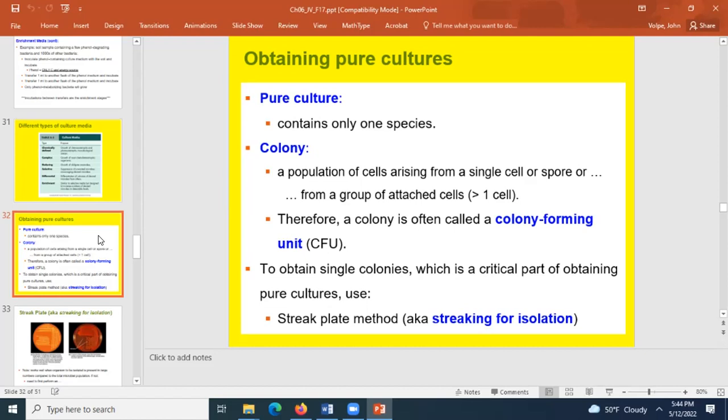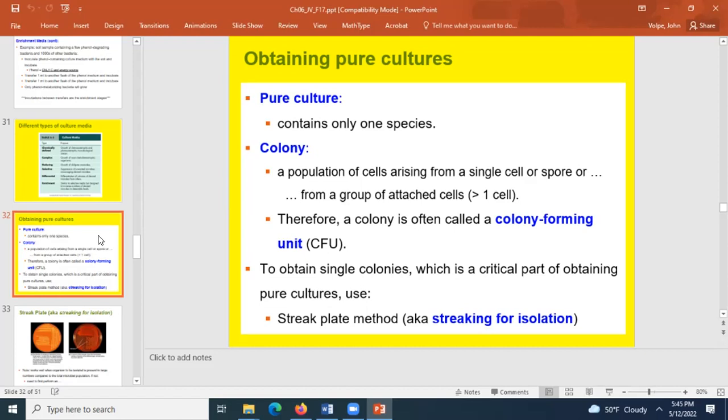So what you do is you streak it out for colony isolation 2 times. The first time only increases it to 70%, but if you do it again, you'll increase it to 95% or higher, that a colony will be a pure culture.